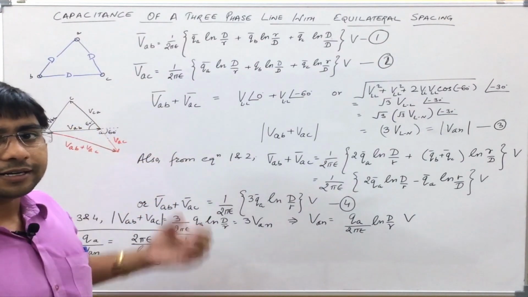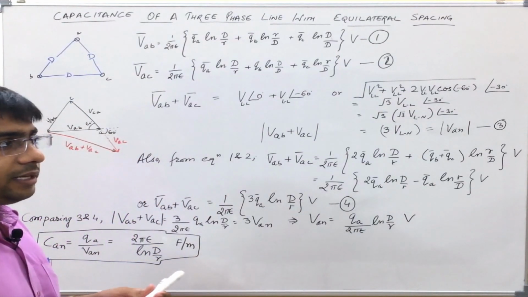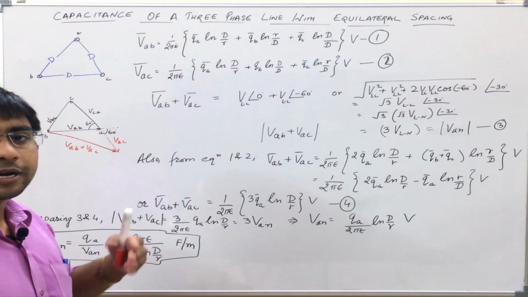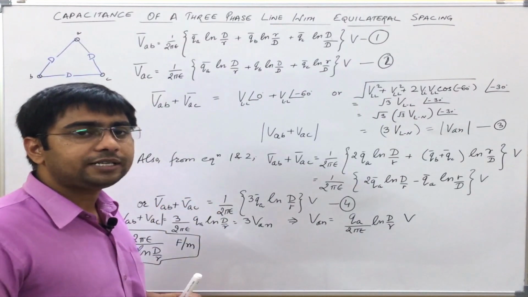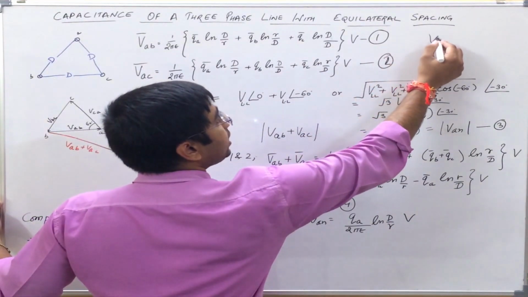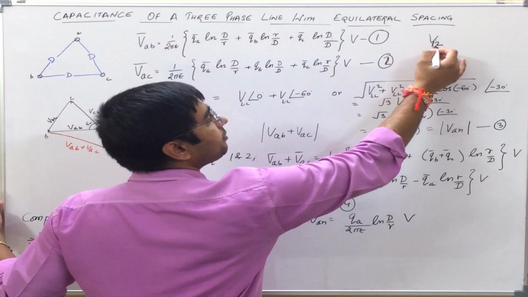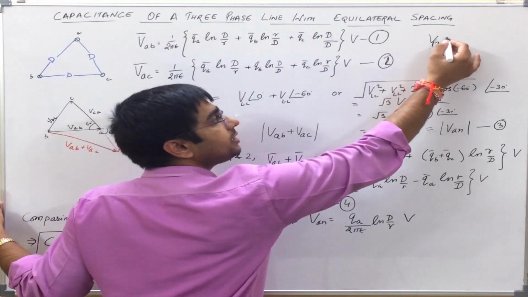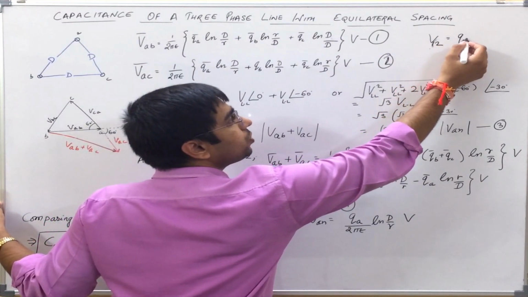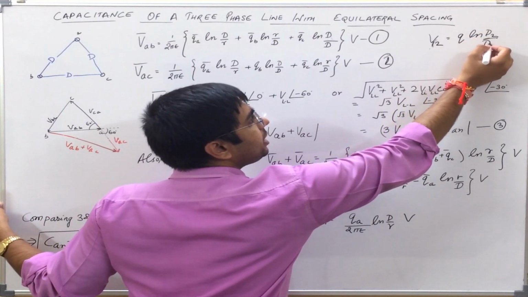We have studied in the last video that to calculate the voltage or the potential difference between 2 points due to a charge, we use the formula V12, between point 1 and point 2, is given by Q natural log D2 by D1.